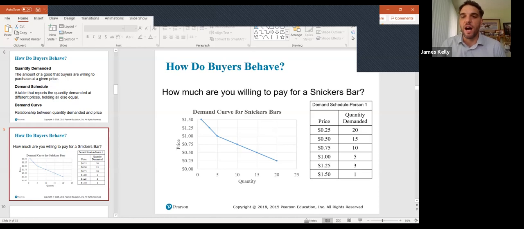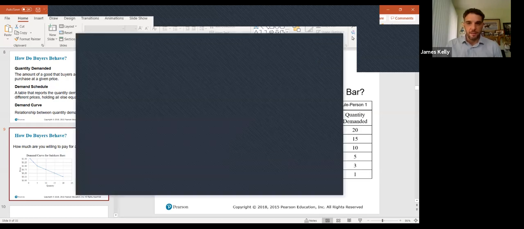Now, how do we find these values? How do we determine what this relationship is? Why is it that as the price goes up, quantity demanded decreases? To answer that question, we can use something we learned last week involving optimization. Let's take a look at our pizza example from last week.